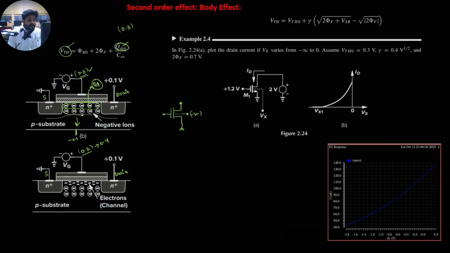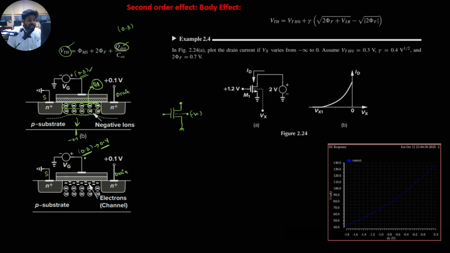Now, to bring the electrons over this much larger part to form a channel, more voltage is required. So 0.3 is not enough, I have to go with 0.4. As we observe, the threshold voltage previously was 0.3 to form a channel, now it will be 0.4. So I can say that as the depletion charge increases, the threshold voltage increases.